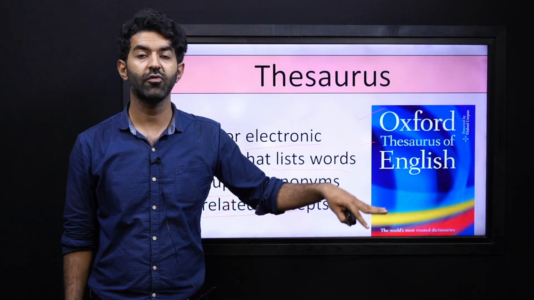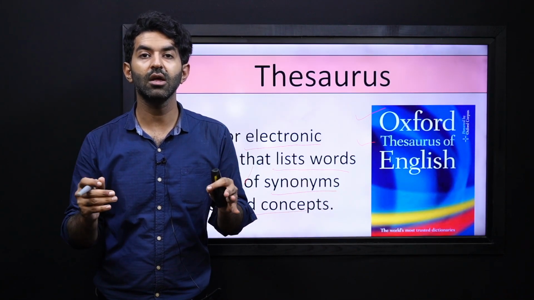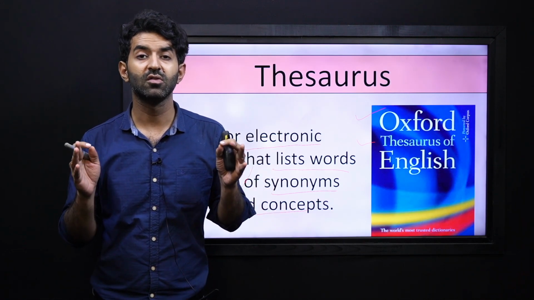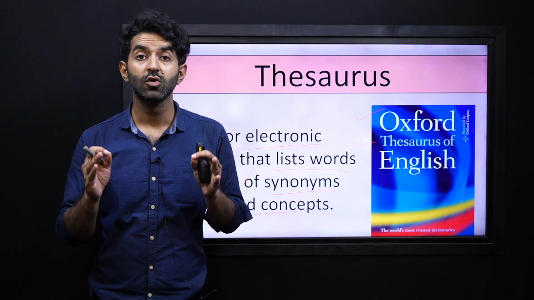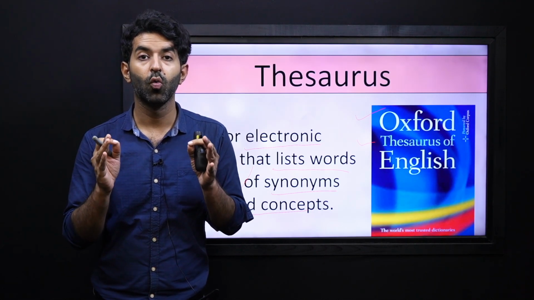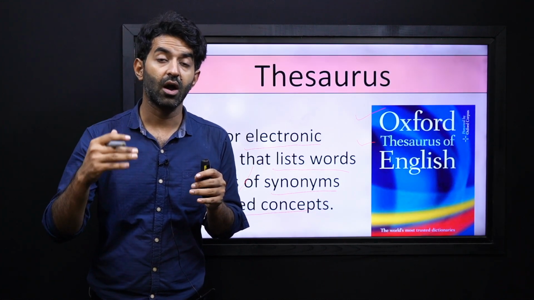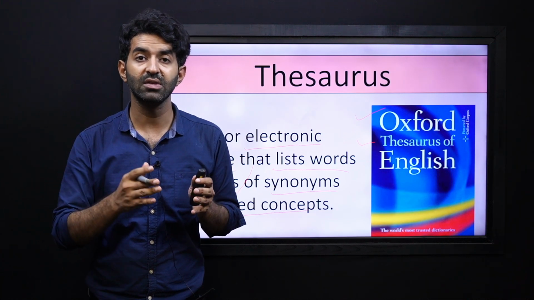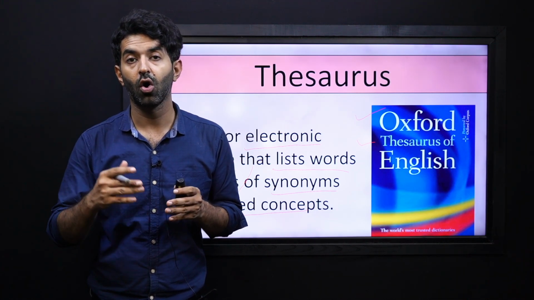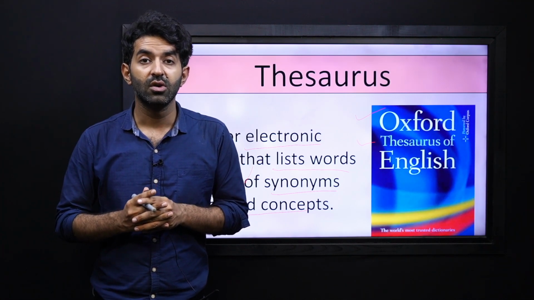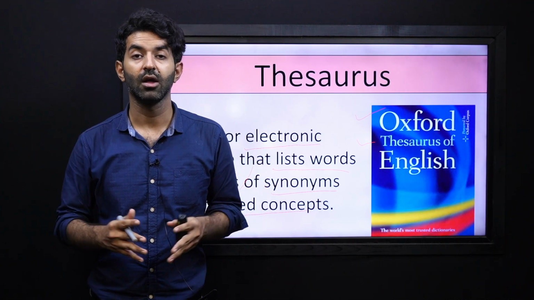But it is different. In a dictionary, you find meaning, you find definition of different words and so much more. But in a thesaurus, you find so much information about one single word, whether there are other words that mean the same thing as your word or the opposite meanings. So you can find 10s or 20s of them in a thesaurus.